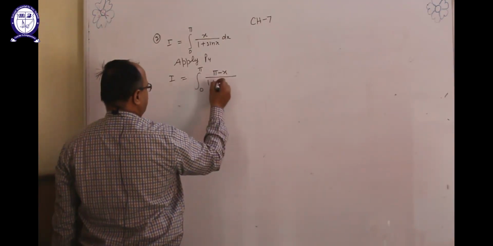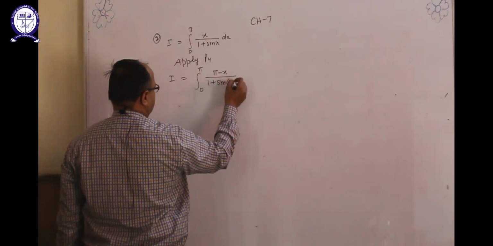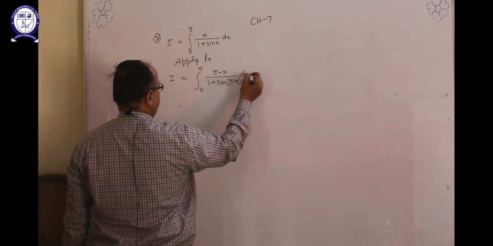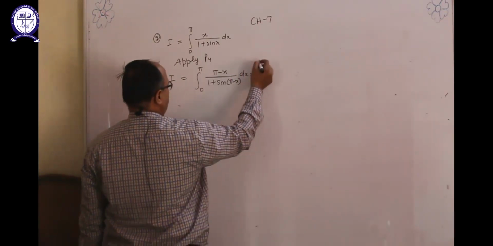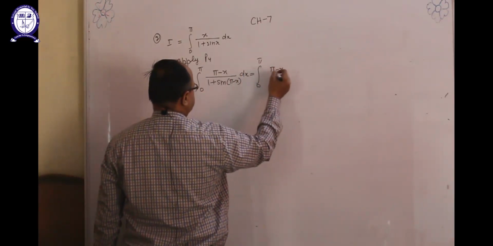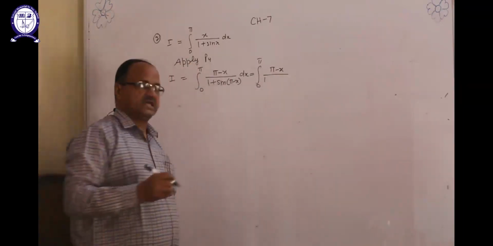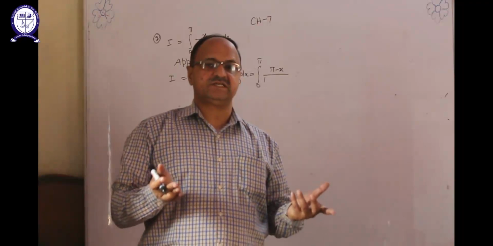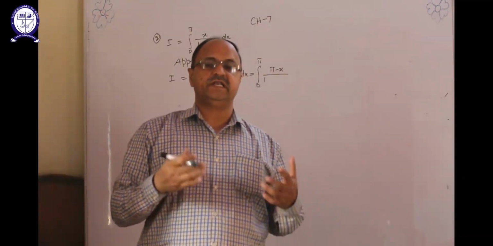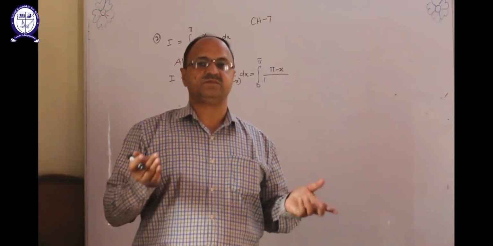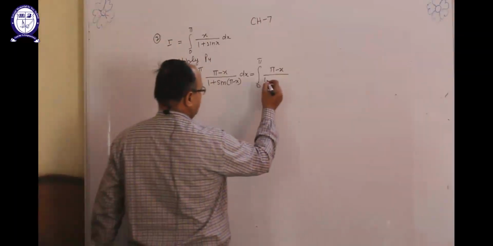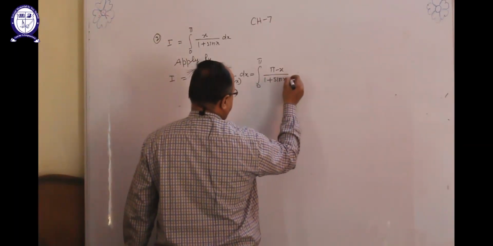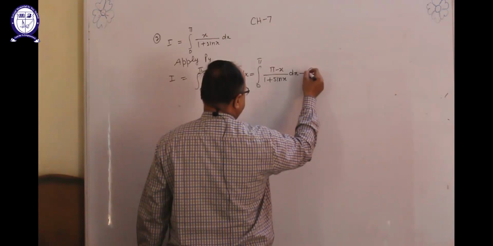You get pi minus x upon 1 plus sin of pi minus x. Now can you tell me, sin of pi minus x, that is sin of 180 minus x? It means second quadrant, and in the second quadrant sin x is positive. Therefore you can say sin x dx. This is the second equation.